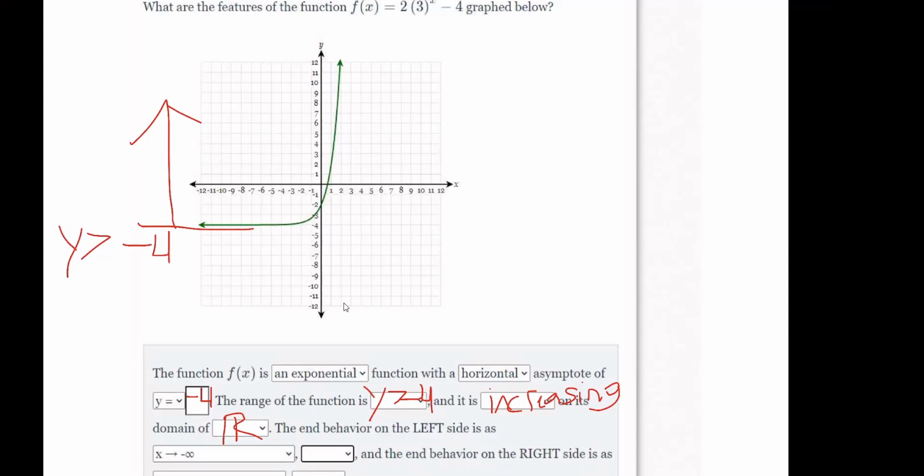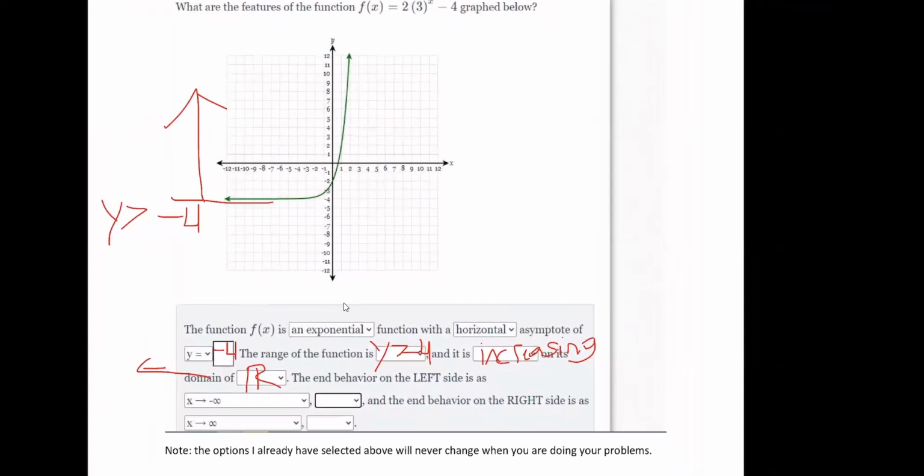I'm trying to think, how would you write that as a double inequality? I'm kind of going blank. I'll have to see what their option is. I can't remember, but it's a drop down. But basically, the domain is all numbers because it's going to go to the left and to the right forever.